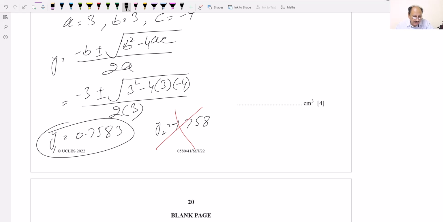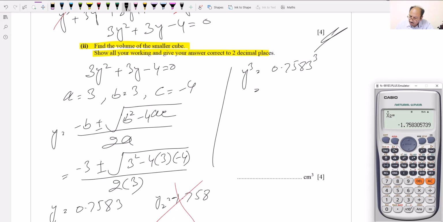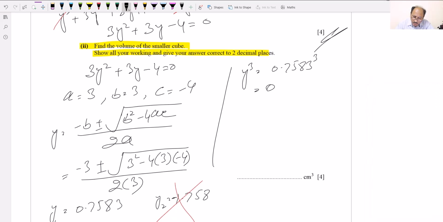We need to round it to 2 dp. First we will take the cube, so y cubed will be equal to 0.7583 cubed, that is 0.7583 raised to power 3, which is equal to 0.436.